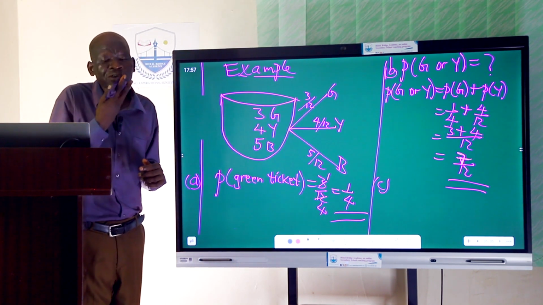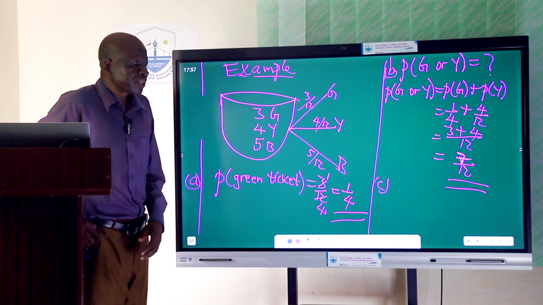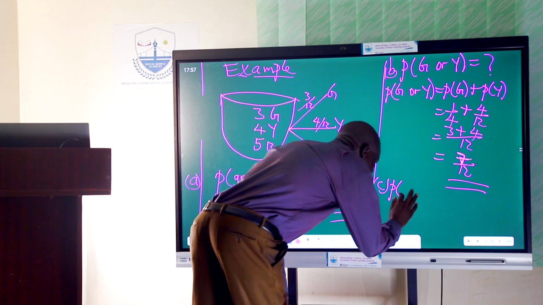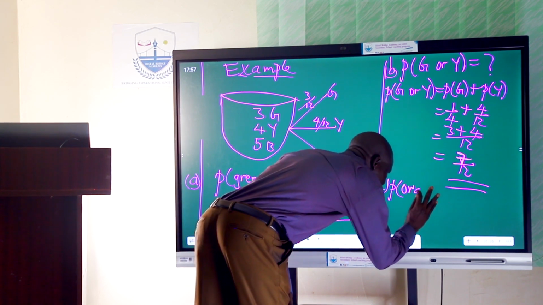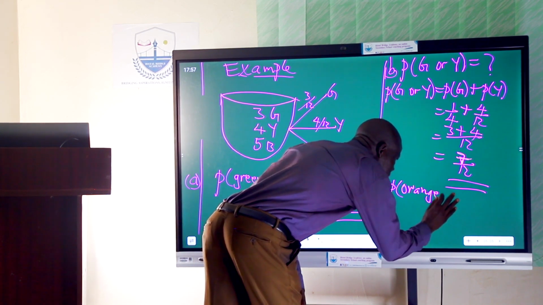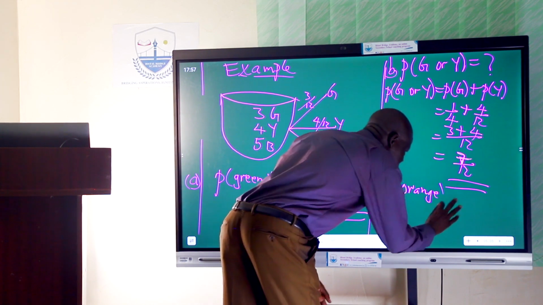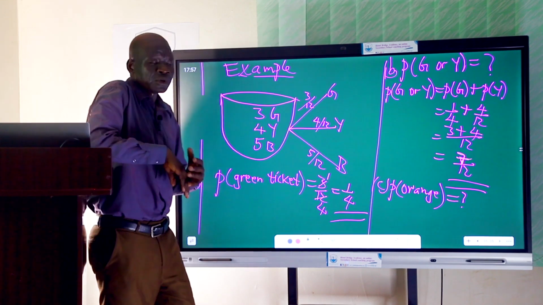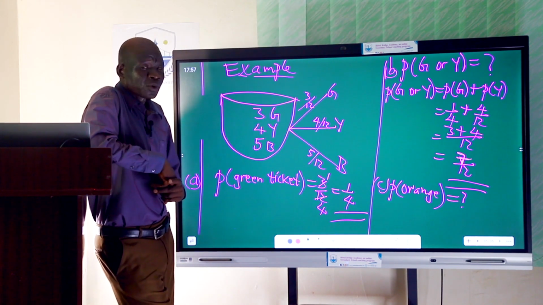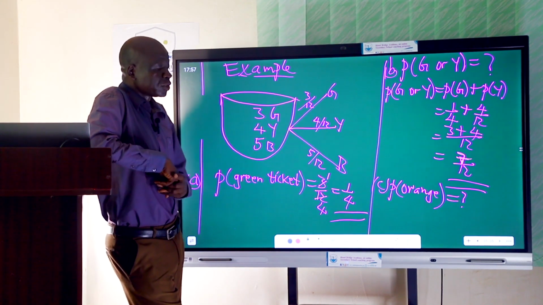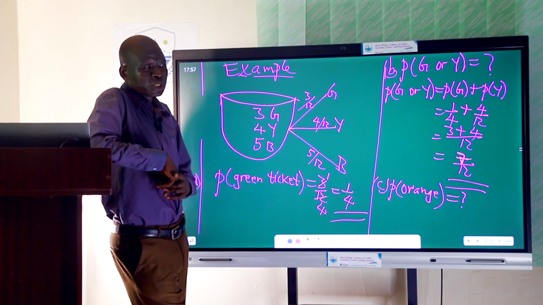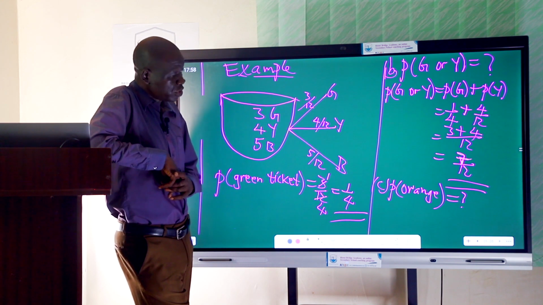But see, they want us to find the probability of getting an orange ticket. P of orange is equal to, we don't know. Remember, we said that when an event is impossible, its probability is equal to 0.